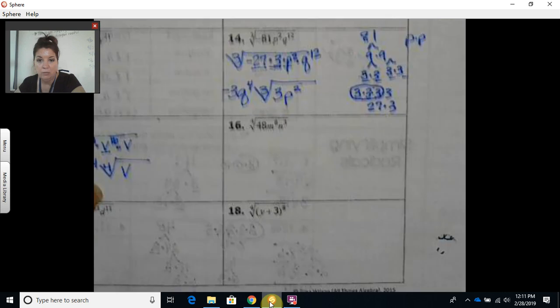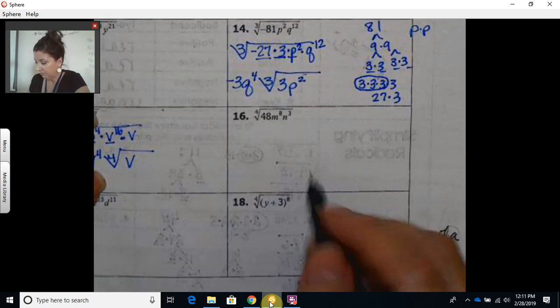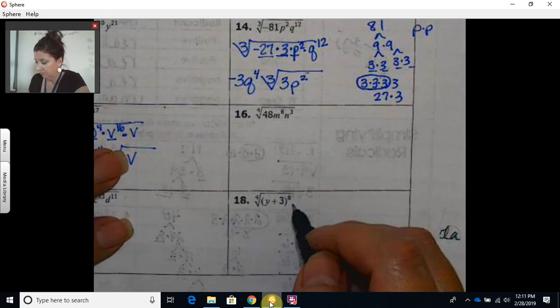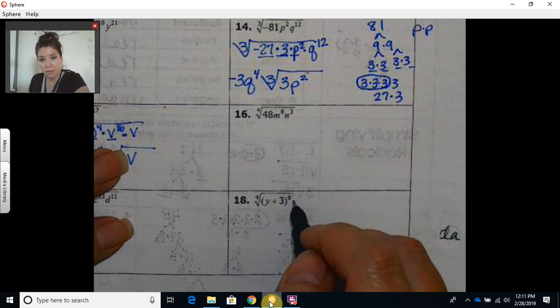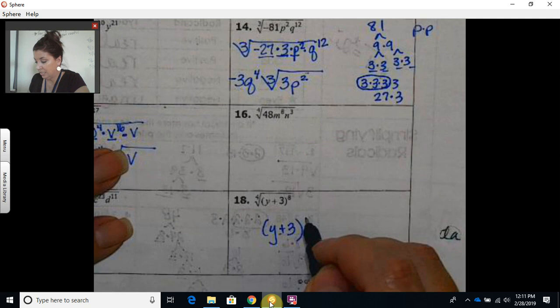What do you think the 4th root of y plus 3 quantity raised to the 8th power is? Is that a perfect 4th? When something's raised to the 8th power, is it a perfect 4th? Yes. So it would be y plus 3 quantity raised to the second power, right?